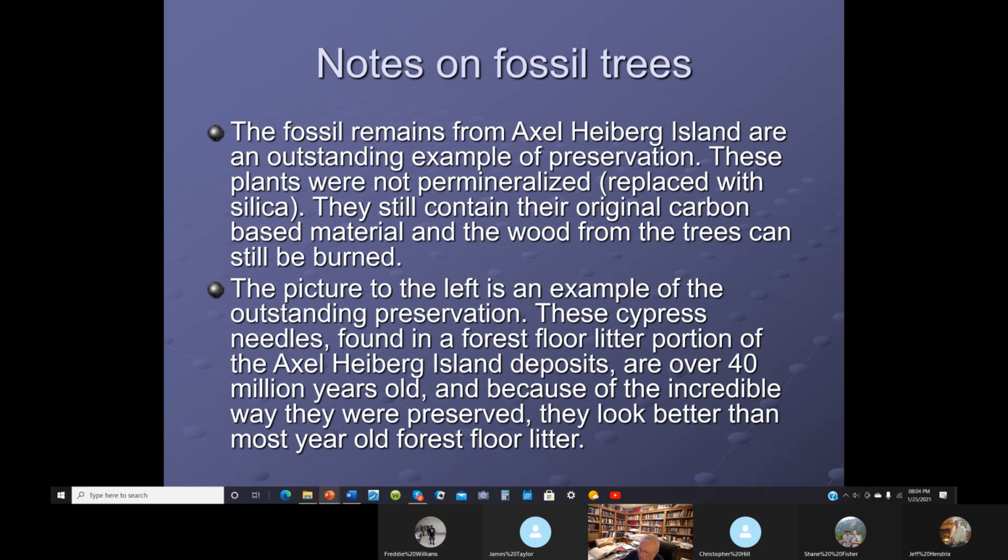That's their dating of it. Because of the incredible way they were preserved, they look better than most year-old forest floor litter. So it's 40 million years old, but it looks better than one-year-old forest litter. Okay, interesting. I find that interesting, amusing almost.